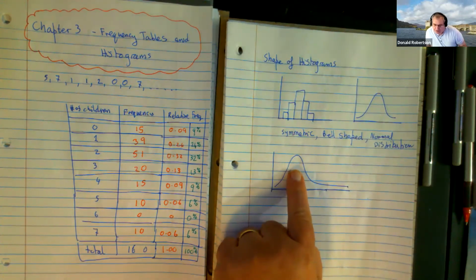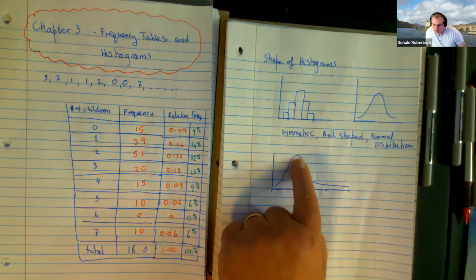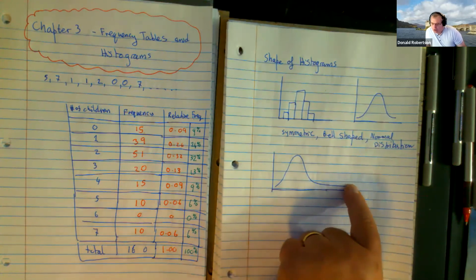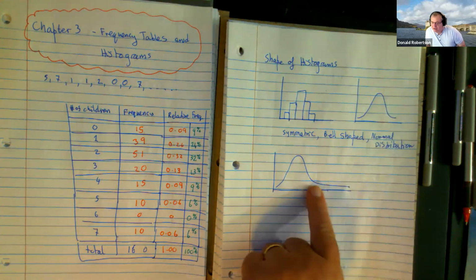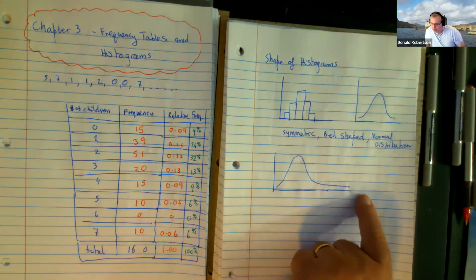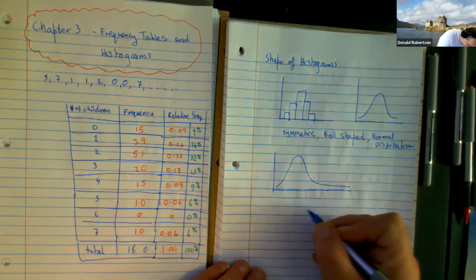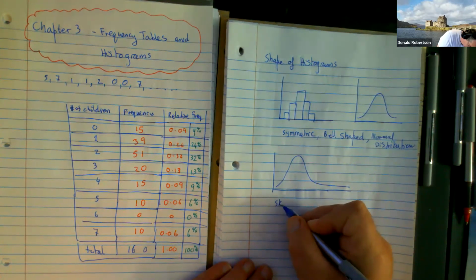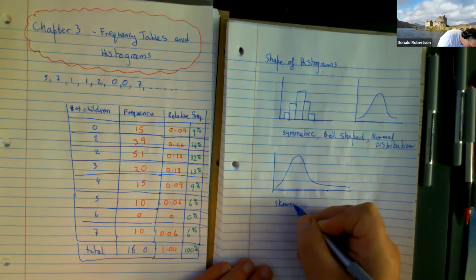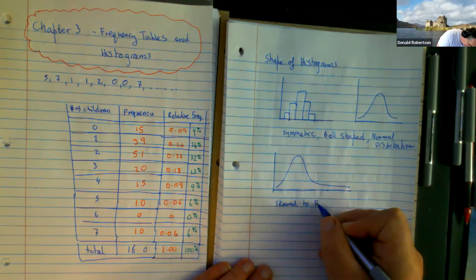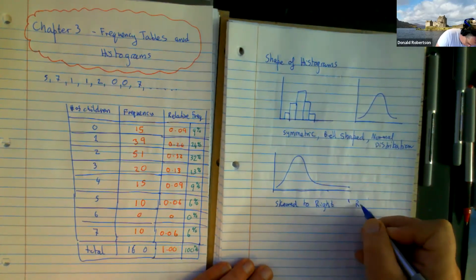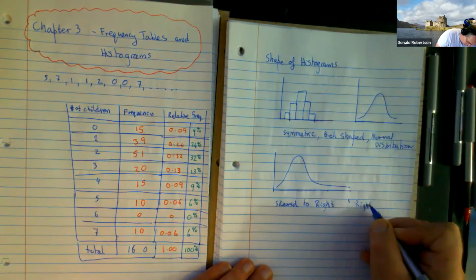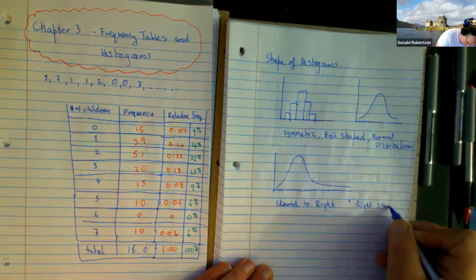Now, it's not symmetric. Do you see that it looks kind of symmetric, but isn't it got a long right-hand side set of data, right? It kind of trails off for a long way. When you have a shape like that, we call it skewed to the right, or in some textbooks, we call it right skewed.